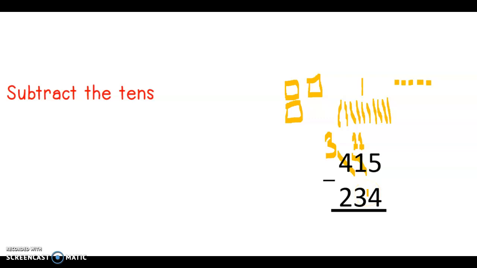Well, I can take 3 away from 11. Remember, I'm sorry guys, I forgot to say we already subtracted our ones place. We always start with the ones place. We did 5 minus 4, and we took the 4 away, which left us with 1.